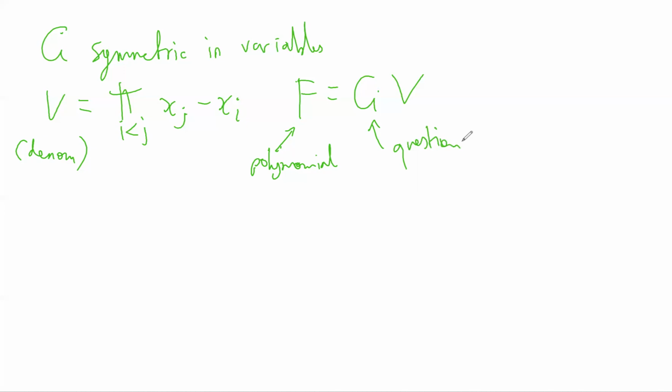So was the original polynomial clearly symmetric? We swap two of them. Was the original thing obviously symmetric? What was it? Sum over i, product over j not equal to i.